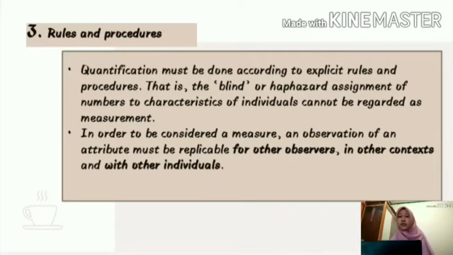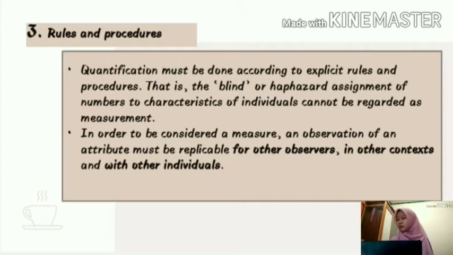And then rules and procedures. In rules and procedures, quantification must be done according to explicit rules and procedures. That is, the blind assignment of numbers to characteristics of individuals cannot be regarded as measurement.